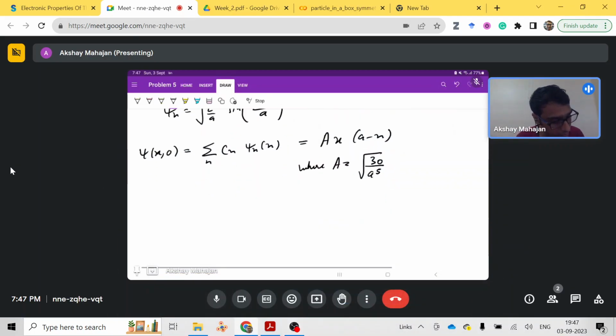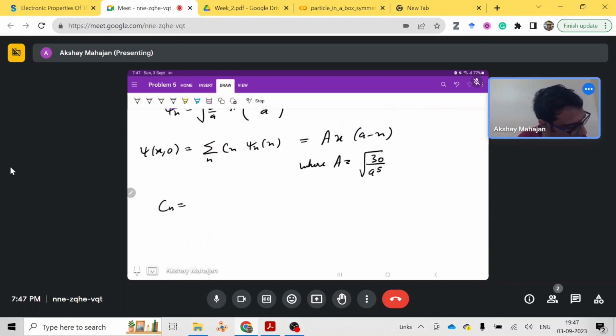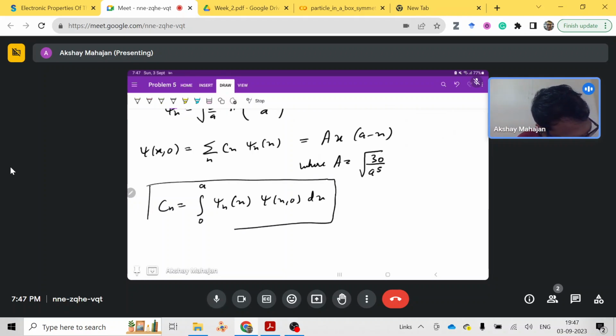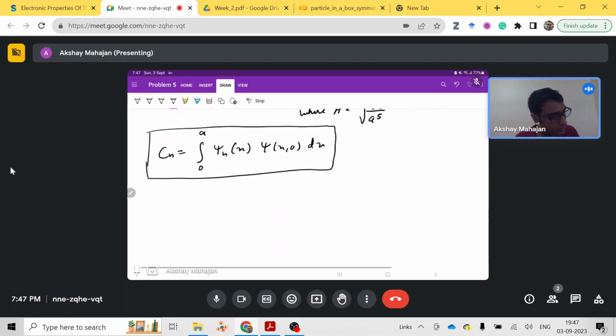Now we know that we can find the cn by integrating from 0 to a, because then we are aware of the coefficient, psi n of x times psi of x comma 0 dx. So this is the formula that we are going to use to find our cn's.